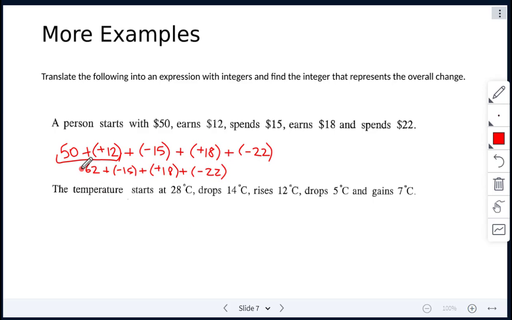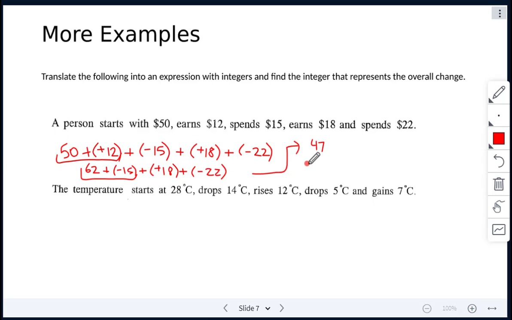Next, I'm going to do the 62 plus negative 15. We're subtracting, and then we're going to take the sign of the numerically larger number. So 62 subtract 15 gives me 47. And we're going to keep it as a positive 47 because 62 is the numerically larger number.